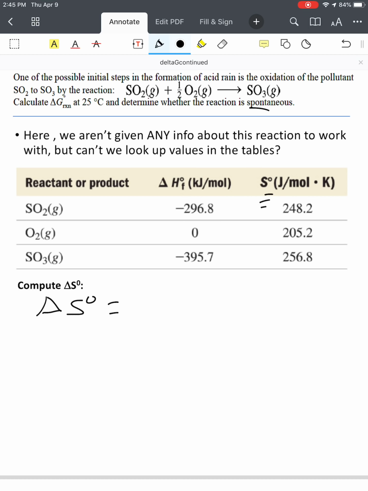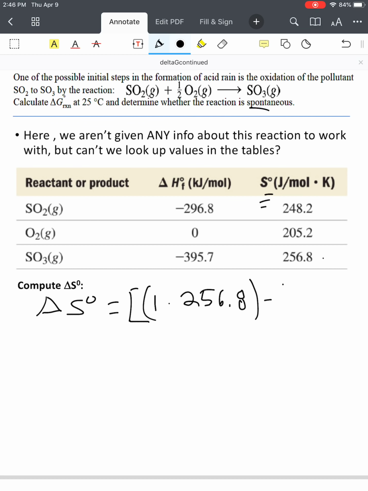It's SO3 gas as our product, so it's just products minus reactants. The term for SO3 is 256.8 positive. Now that's in joules per mole per Kelvin. That's going to be important later, okay? But I think we're okay for now.